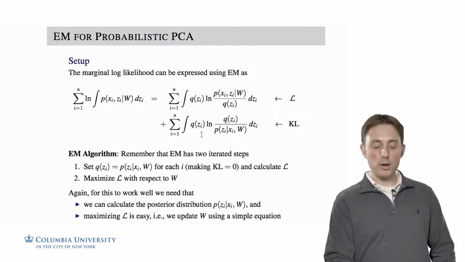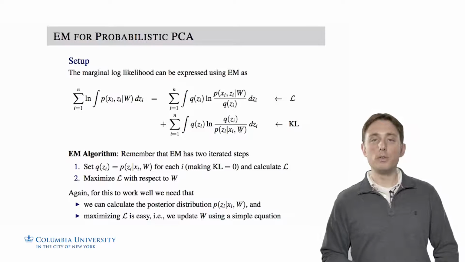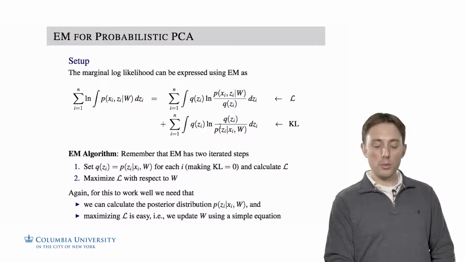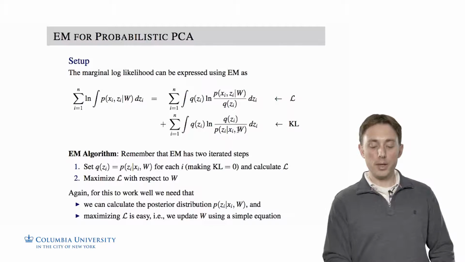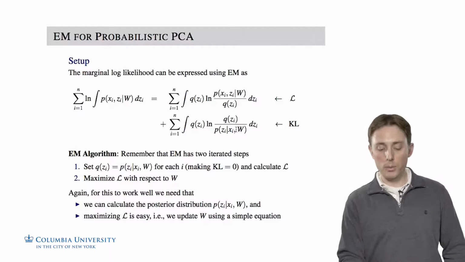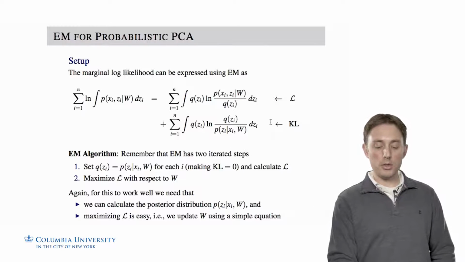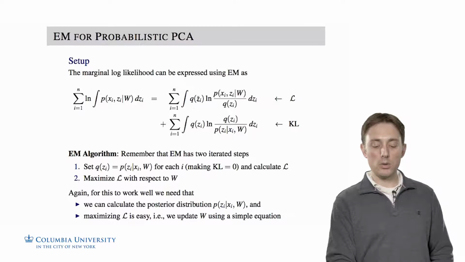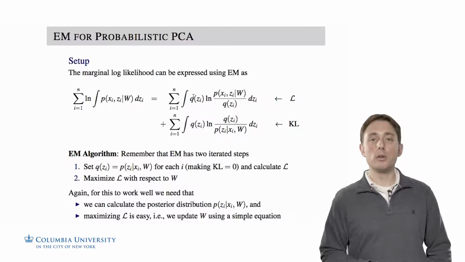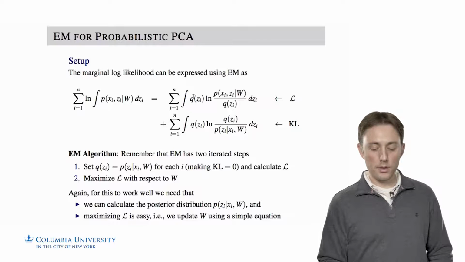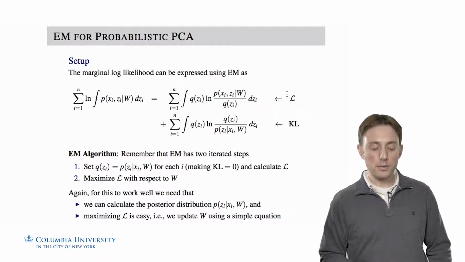In a particular iteration, we have a particular value for W. We set Q to be equal to this conditional posterior distribution. And we hope that we can calculate this. Unfortunately, we can in this case. That's going to set all of these KL divergences to 0. And then we calculate this expectation, this integral, using that update for the Q distribution. That's the E step.